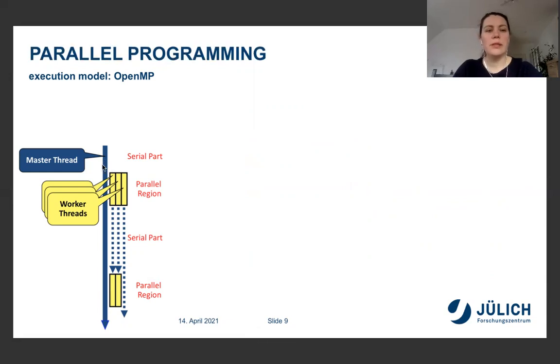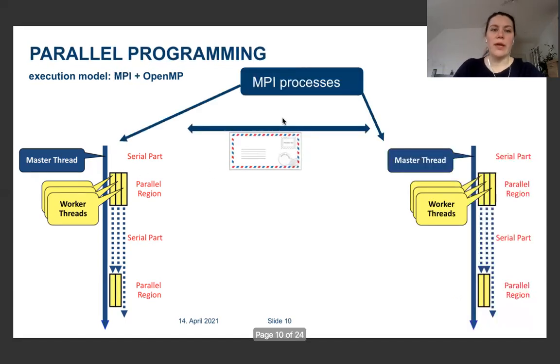But at some point it comes to a parallel region, and then it starts its team of workers, and they work together on the parallel region of your code. If you have them together, MPI and OpenMP, then you start your program with MPI processes, and each of them becomes a master thread, which has its own team of OpenMP thread workers.